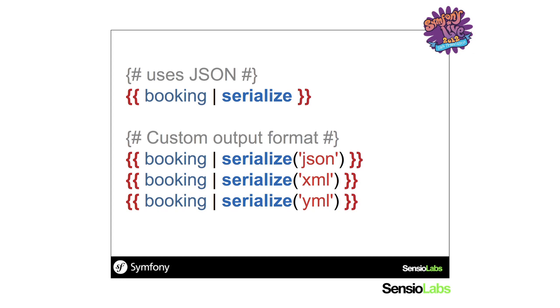So you have a serialize filter provided by the JMS serializer bundle. By default, if you just call serialize, it will use JSON as the default format, and you can pass the format you want to serialize to as the parameter of the serialize filter.